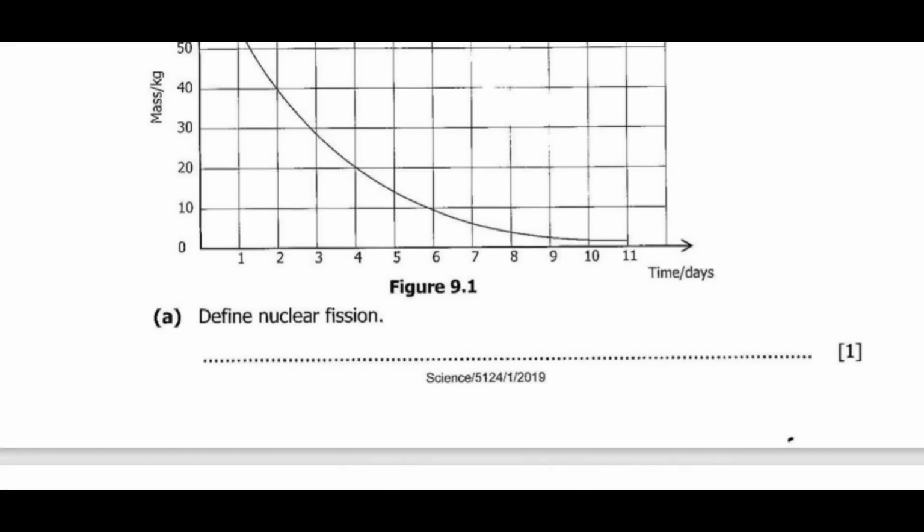Okay, then let's look at the question, define nuclear fission. So there is nuclear fission and nuclear fusion. Fusion has to do with joining, fission has to do with splitting.